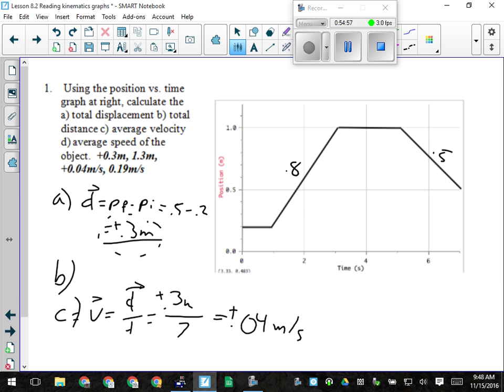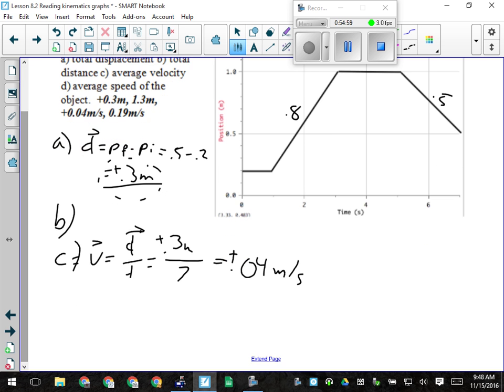To calculate the average speed of the object, same idea, except that it's scalar. So v equals distance over time, and that'll be our 1.3 over 7 seconds, which comes out to 0.19 meters per second.